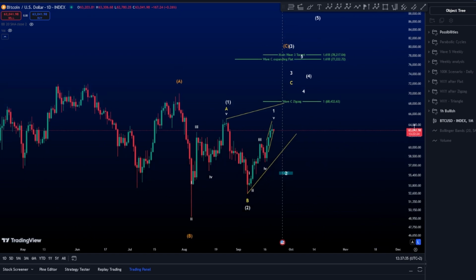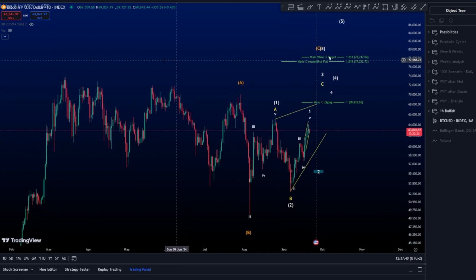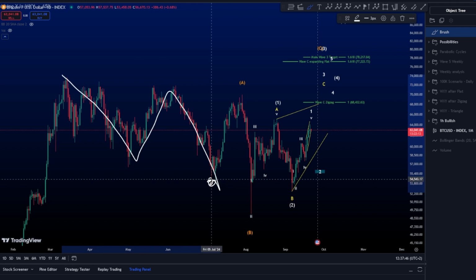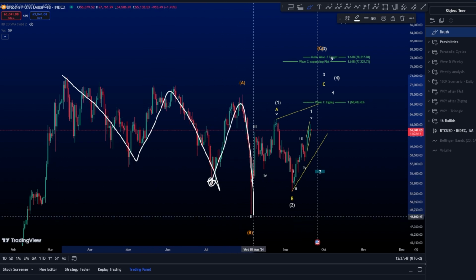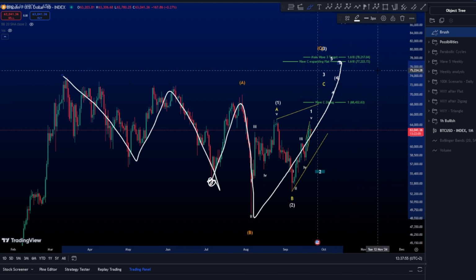The second scenario for the bullish scenario is the same as the bearish one, where your finished zigzag is in this place, and then you have again an expanded flat. Your expanded flat should reach 77,200.